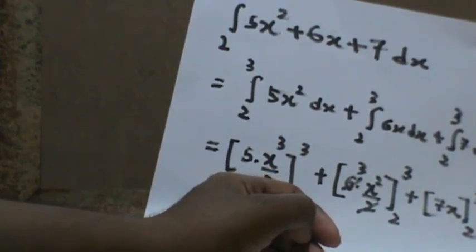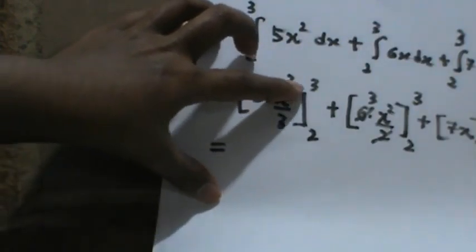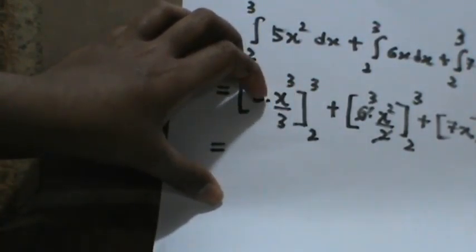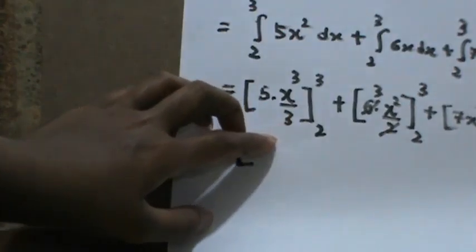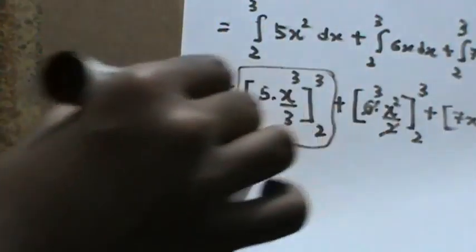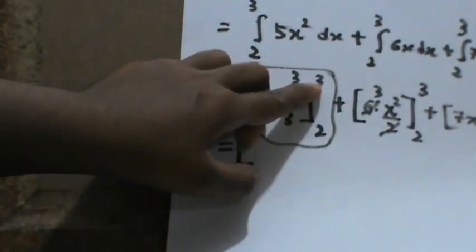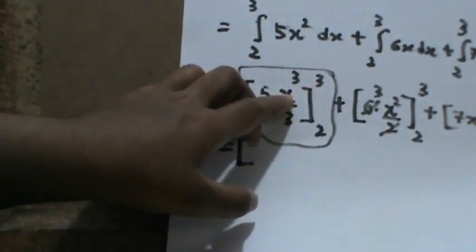So first of all, you substitute the value of 3 in place of x and find the definite part for the upper limit. For this part, the upper limit will be 3, so you substitute 3 in place of x.